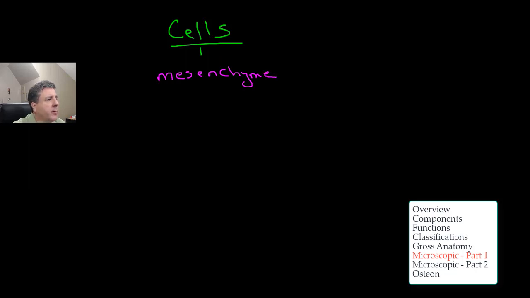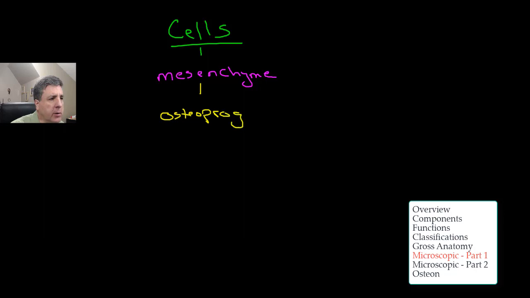There's two different types of embryonic connective tissue, depending on the location and so forth, but for our purposes, just know that the bone originates from mesenchyme. Mesenchyme is a stem cell that will differentiate or specialize into another cell type, and this is going to be differentiating into another cell called osteoprogenitor cells.